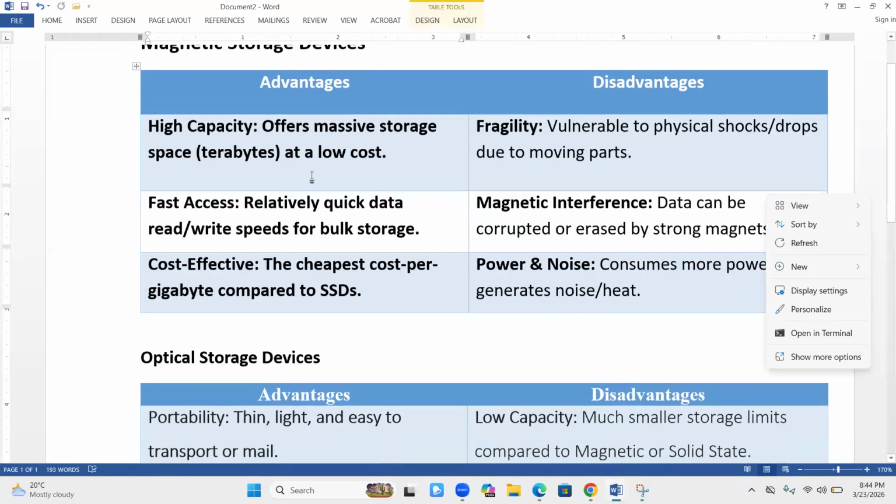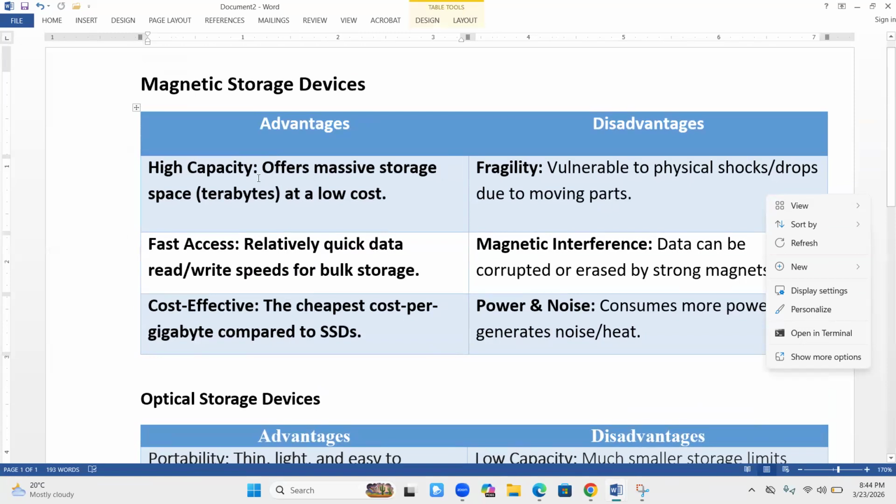The advantages of magnetic storage devices when we compare with the other two devices, that means optical storage and solid state devices. First, high capacity.